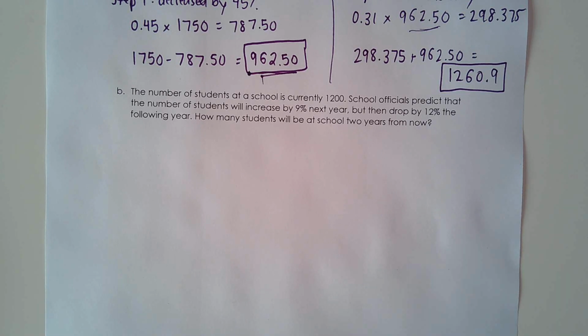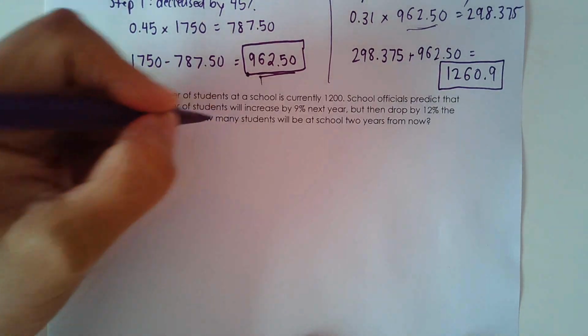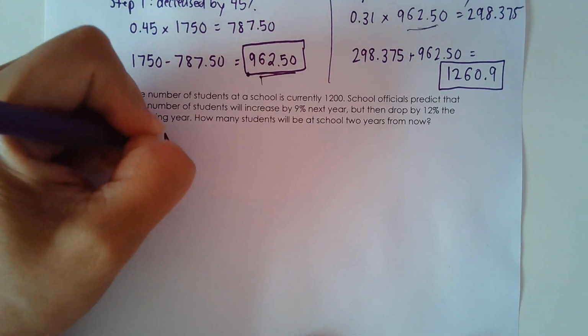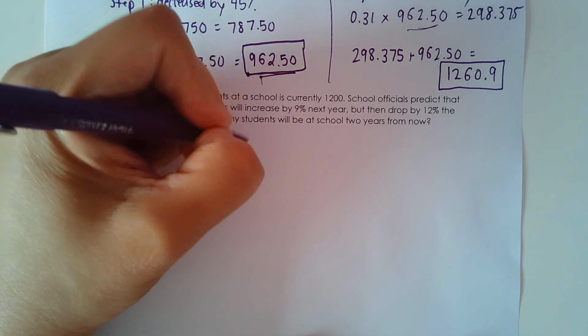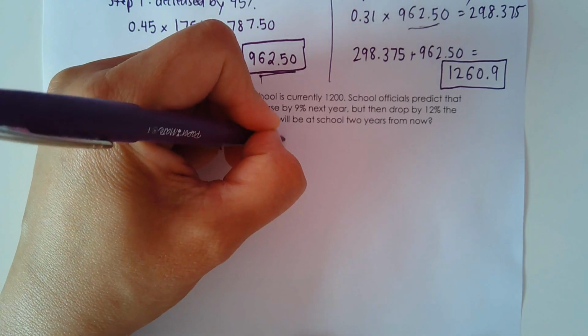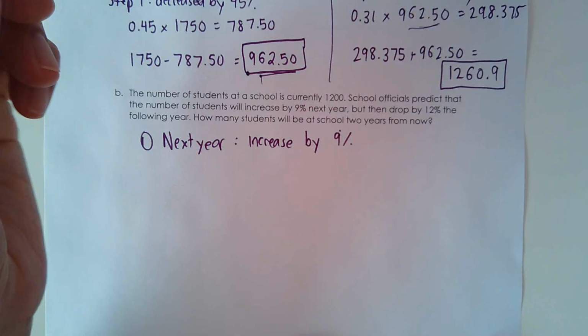Number of students at a school is currently at 1,200. School officials predict that the number of students will increase by 9% next year, but then drop by 12% the following year. So how many students will be at this school 2 years from now? So let's look at next year first. It says that it will increase by 9%.